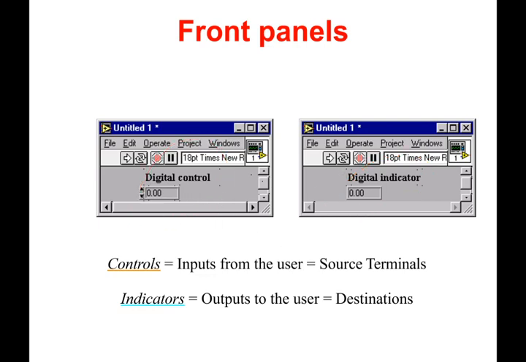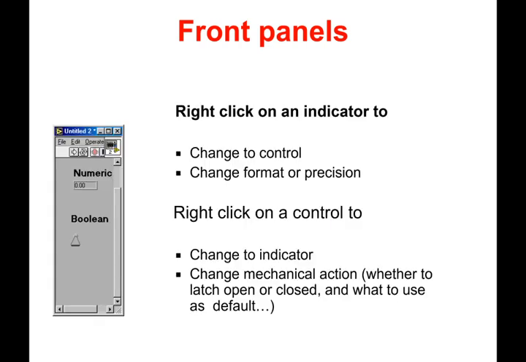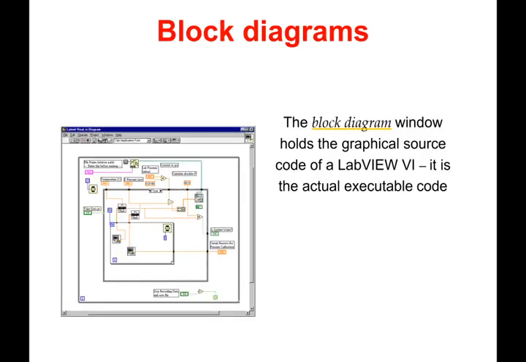We can change them in a VI by simply right-clicking on them. You can right-click on an indicator to change it to a control or change the format to anything you want, like a precision or whatever, right? You can right-click on a control to change it to an indicator or change the mechanical action. We're going to see examples of this in the lab.